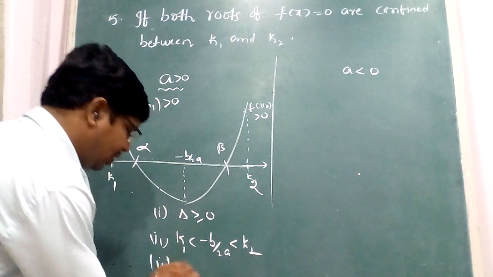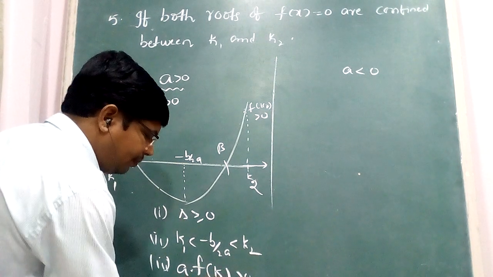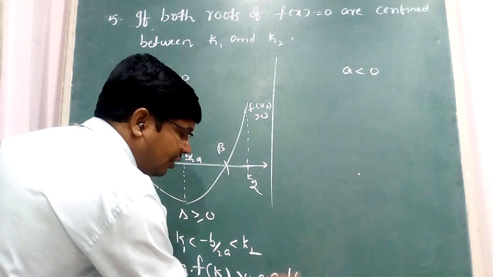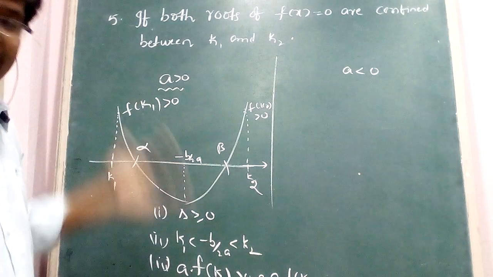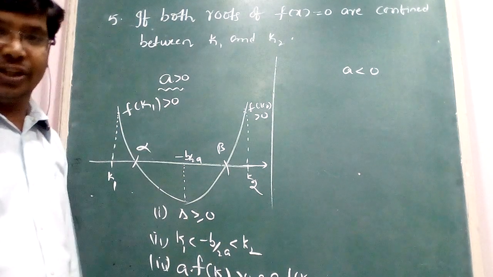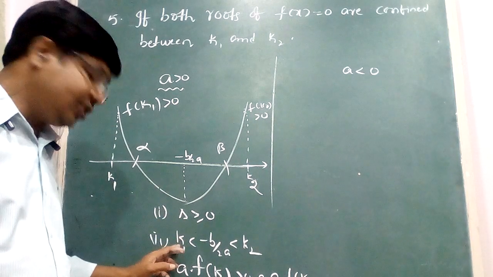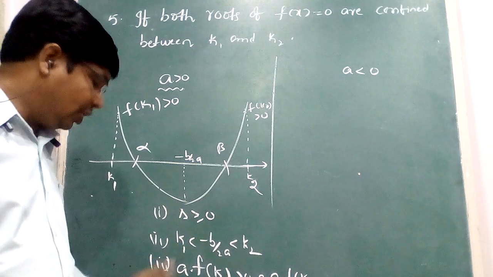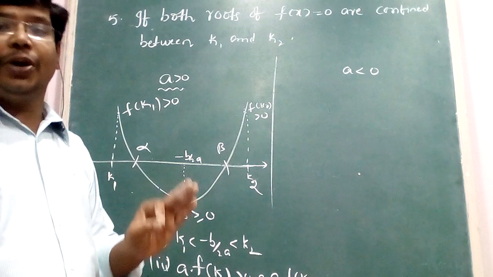I am taking a into f of k1 greater than 0 and a into f of k2 also greater than 0. Otherwise, you can take f of k1 into f of k2 also greater than 0. Three conditions here: delta greater than or equal to 0; second, k1 less than minus b by 2a less than k2; and third, a into f of k1 greater than 0 and a into f of k2 also greater than 0.